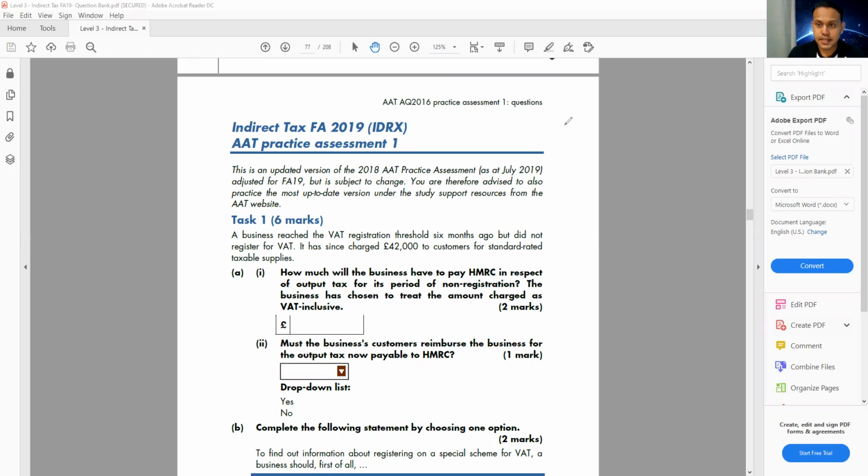So you're going to see 8 tasks in the exam, and all these 8 tasks we have to answer. There is no optional question. We have to answer every single question, so we have to attempt every single question. So it is very, very important. You need to understand which area a question will come from in the exam.